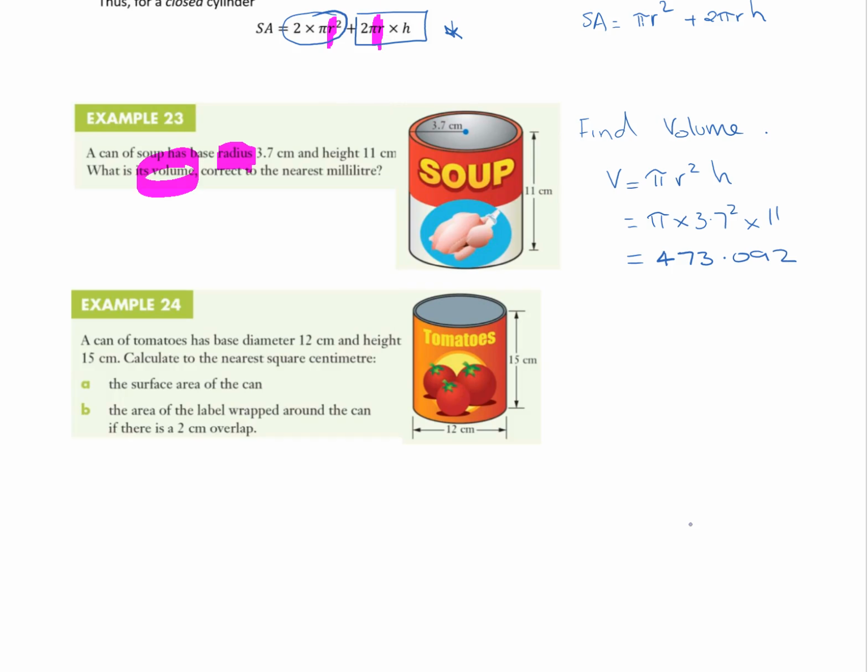And we're given an instruction to the nearest milliliter. Okay, these would be centimetres cubed. Now, what do we know is the connection between a cubic centimetre and a mil? We know that 1 cubic centimetre is 1 mil. Therefore, the volume is equal to the nearest 473 mil.